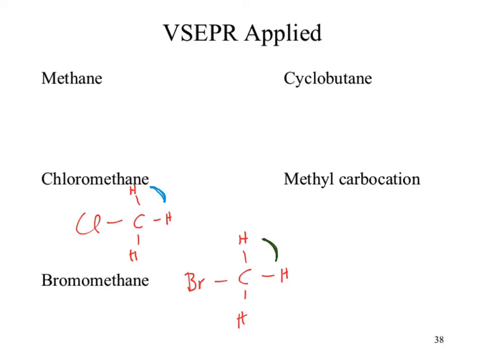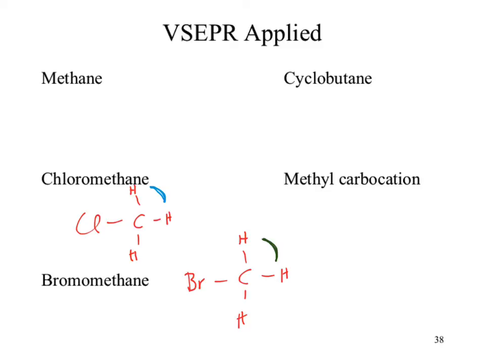Okay, so we're saying the bromine being bigger is going to push more on the hydrogens, so that angle then shrinks a little bit, right? Yeah. Everybody agree with that? Yeah. By bromine being bigger, what else is bigger? Carbon doesn't change. The bond distance. The bond length. So yes, it gets bigger, but it also gets further from the carbon.